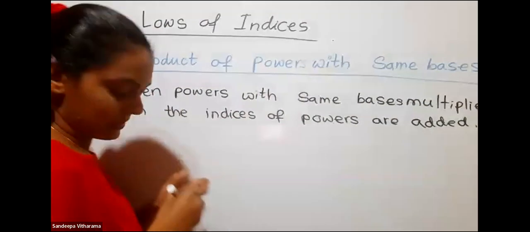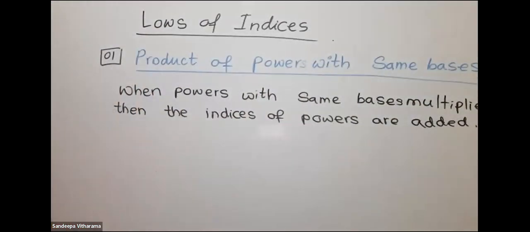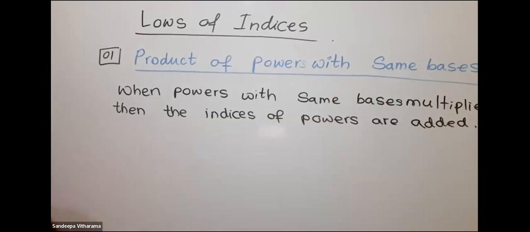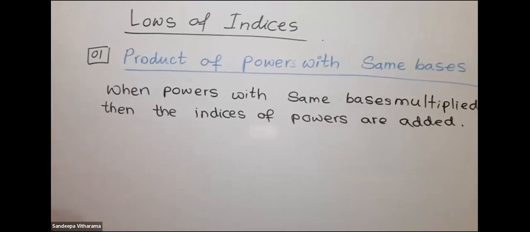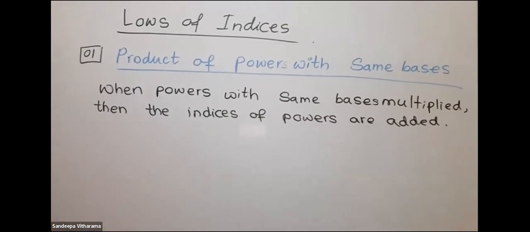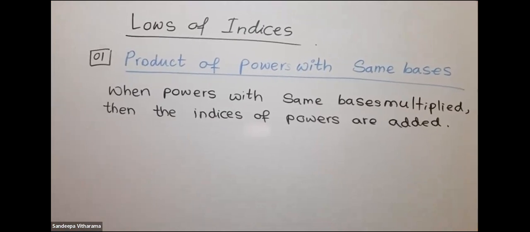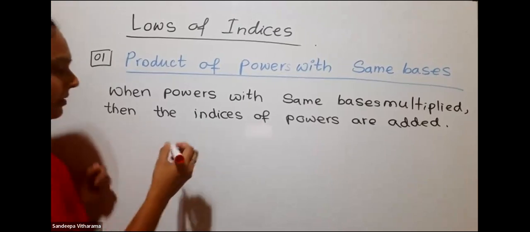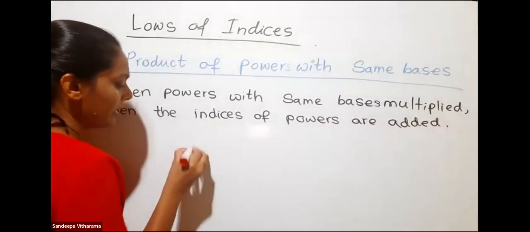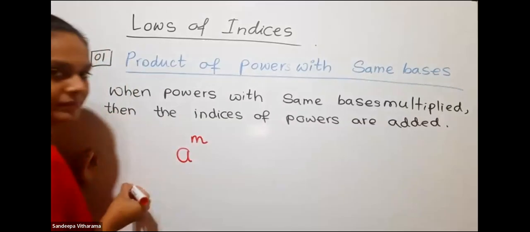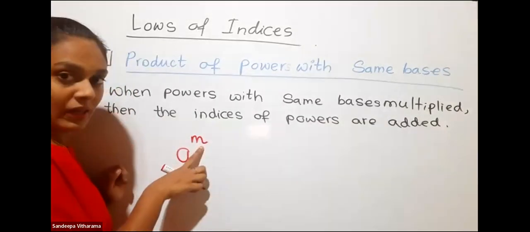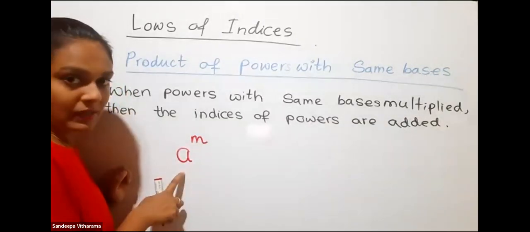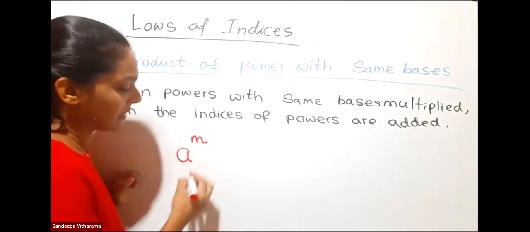For an example, if we consider, here you may think a to the power of m is there. a to the power of m is a multiplied repeatedly m times.